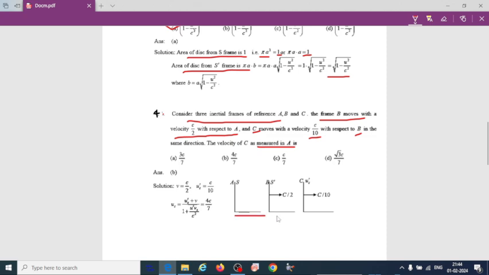So you can see in this figure S prime, X prime, A, B, C, 3 frames of reference. So the velocity is c by 2, moving with the velocity.